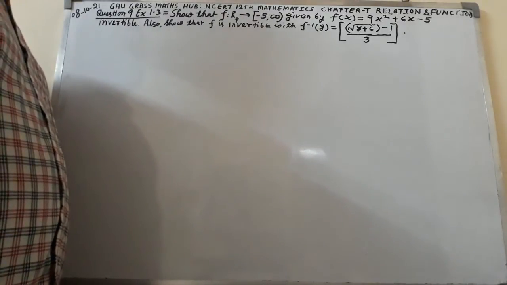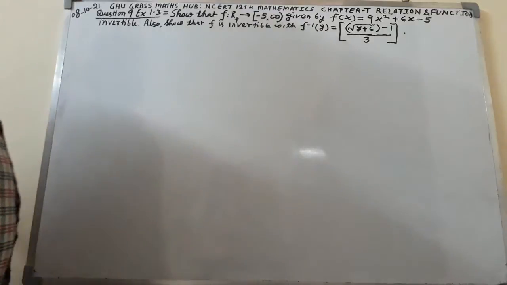I am going to explain question number 9 that has been taken from exercise 1.1, chapter 1, relation and function of NCERT class 12 mathematics. The question is: show that f from R plus, the set of positive real numbers, to the closed interval minus 5 comma infinity, open interval, given by f of x equal to 9x square plus 6x minus 5 is invertible.